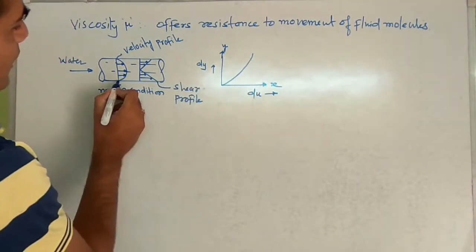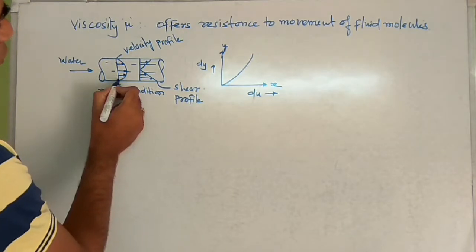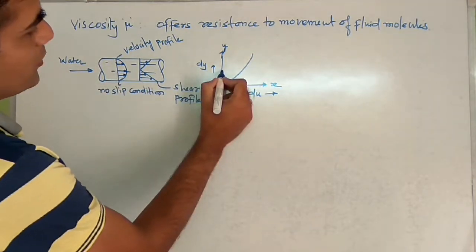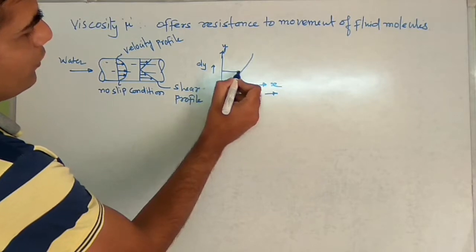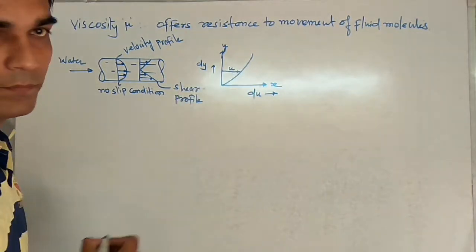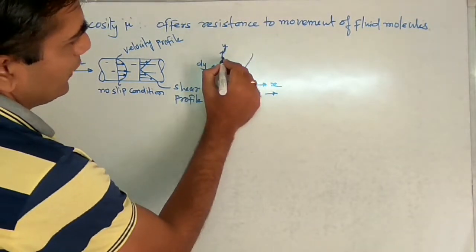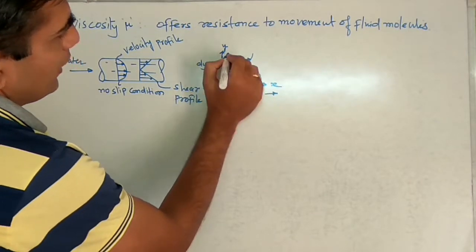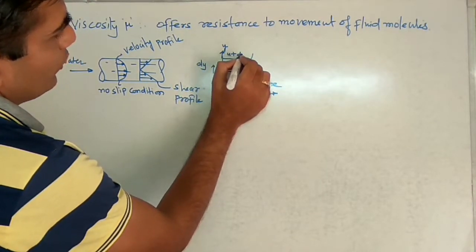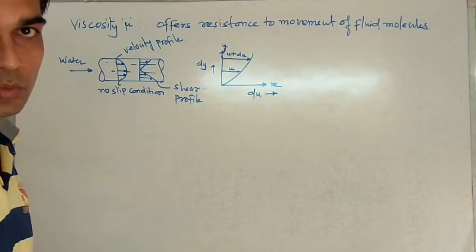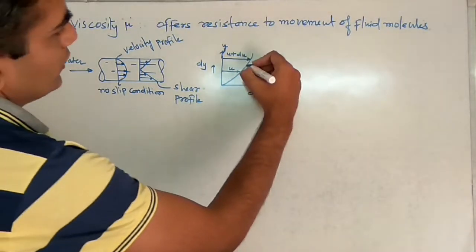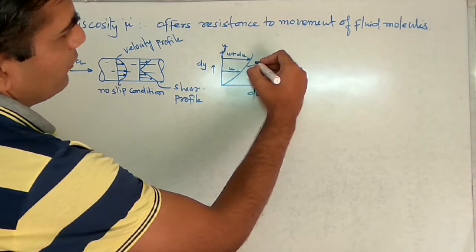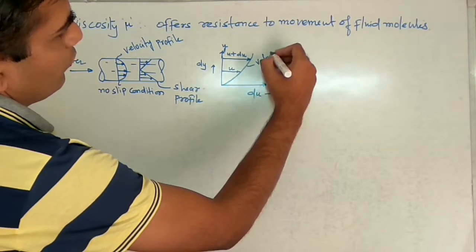That means if we go inside toward the center of the pipe, suppose at any point the velocity of the particle is u, and towards the center the velocity increases, which we show by u plus du, suppose.